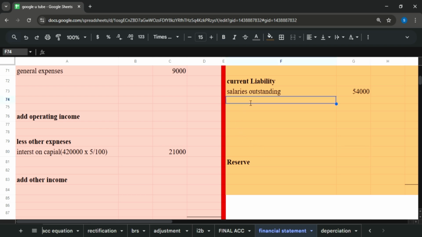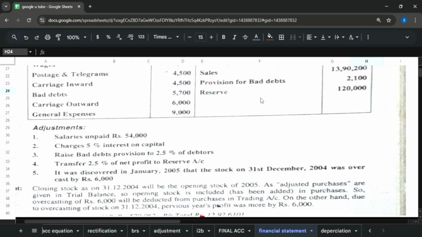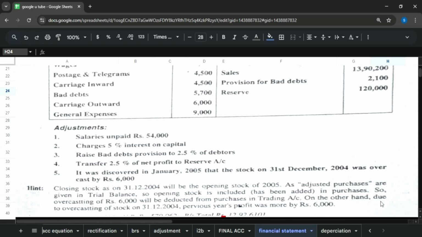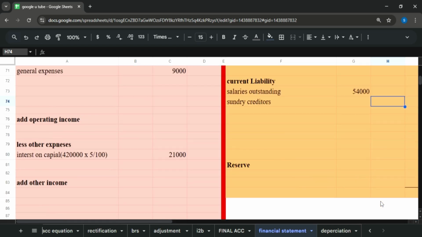Here you will write sundry creditors, and amount of sundry creditors, I think it's 60,000. So mention 60,000 over here.